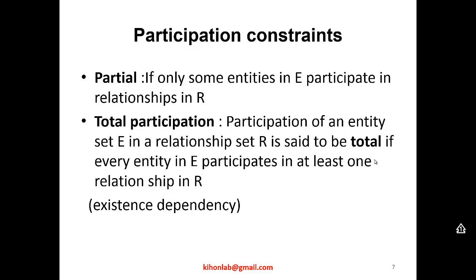In partial participation, only some entities in E participate in relationship R, and in total participation all entities participate in the relation R. The participation of an entity set E in relationship set R is said to be total if every entity in E participates in at least one relationship in R. It means the entity has its existence, which is true in total participation and not true in partial participation. We can see an example here.